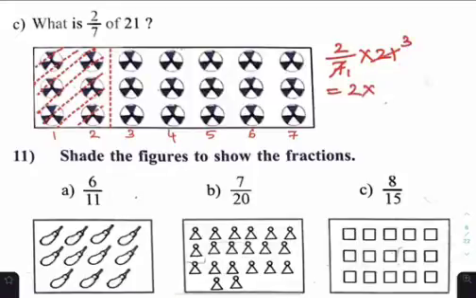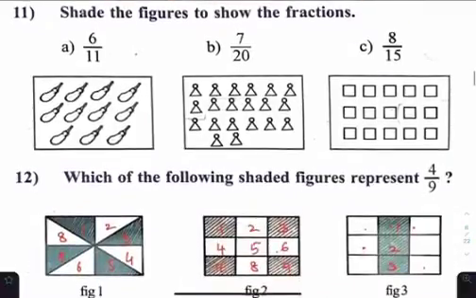Now 2 into 3 is what we need to calculate. 2 3s are 6. So 6 is the answer. Now children, if you observe, 1, 2, 3, 4, 5 and 6. Got it children? Moving on to the next problem.